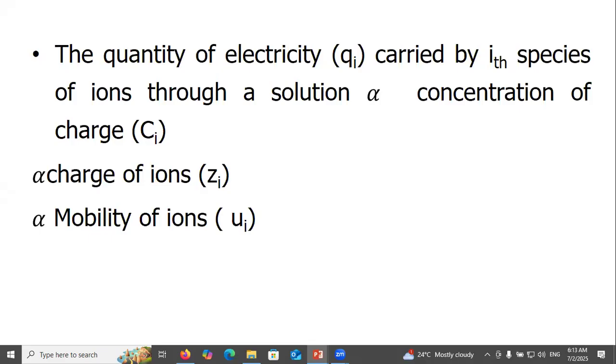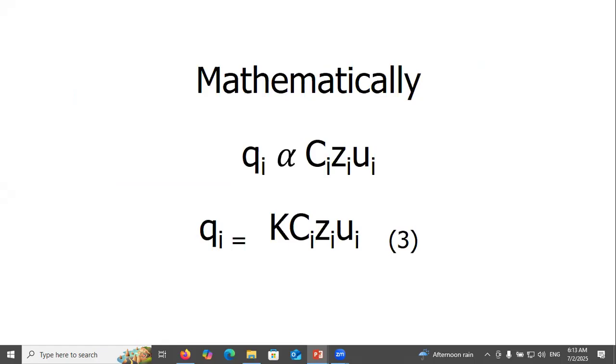The quantity of electricity Qi is proportional to concentration Ci, charge of ion Zi, mobility of ions mu i. Mathematically, Qi proportional to Ci Zi mu i.